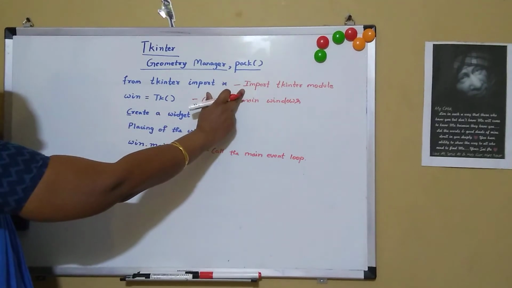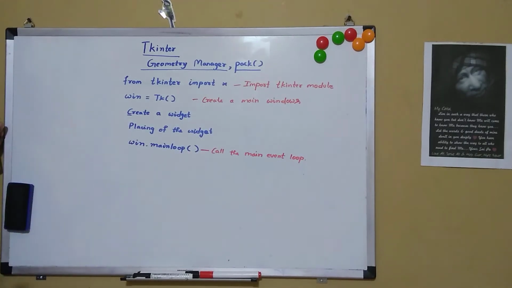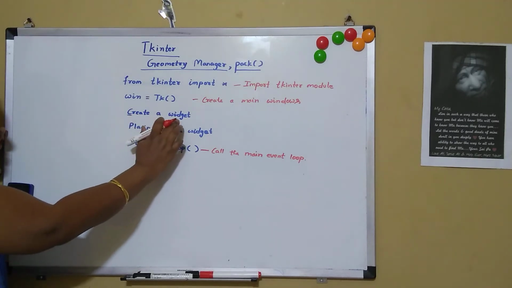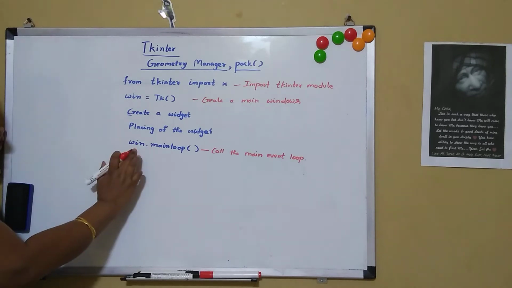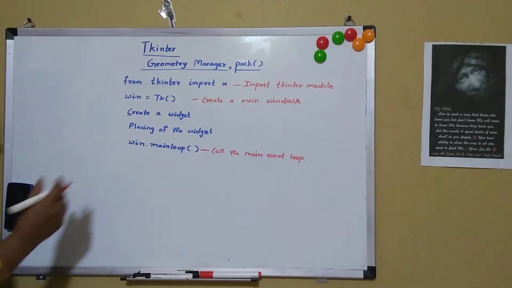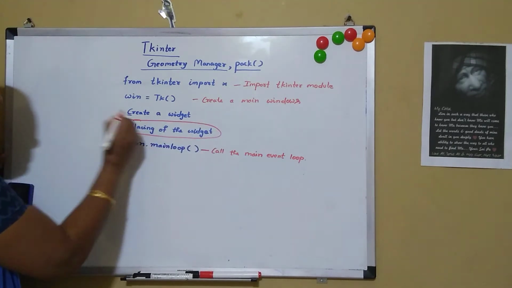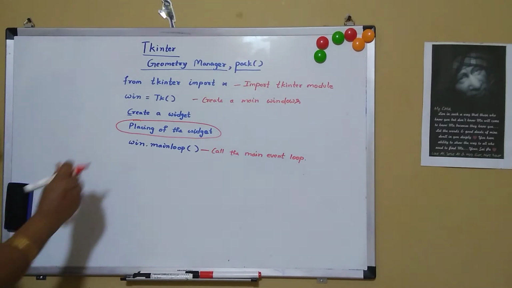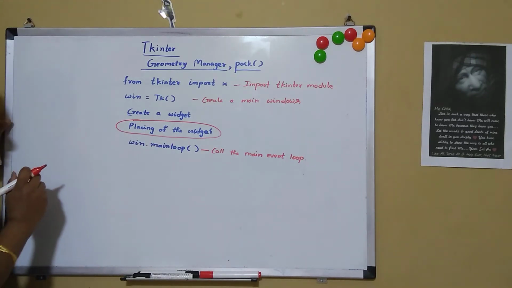That is, firstly import the Tkinter module, create a main window so that we can place our widgets on the main window. Then we have to create a widget of our choice. Then we have to place the widget, and then we have to call the main event loop. So today let's see how we can place the widgets in the main window.